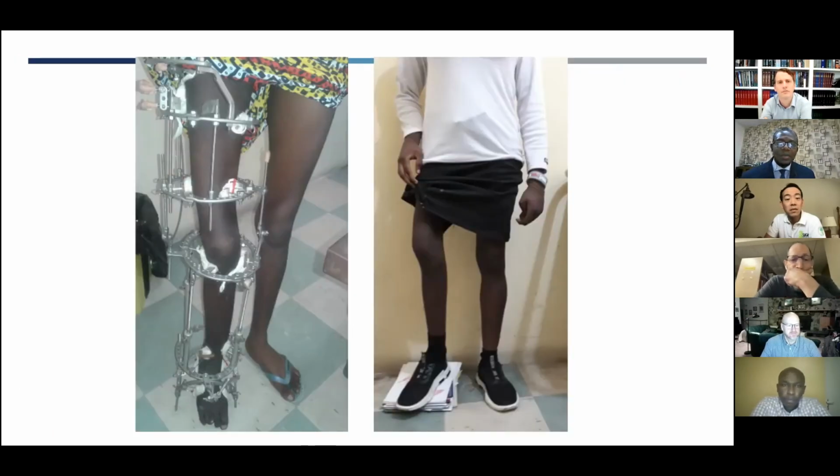So these were the last pictures I took. That was after we had achieved lengthening. In the clinical picture, we didn't achieve a full correction of the knee flexion, but the ankle was plantigrade.